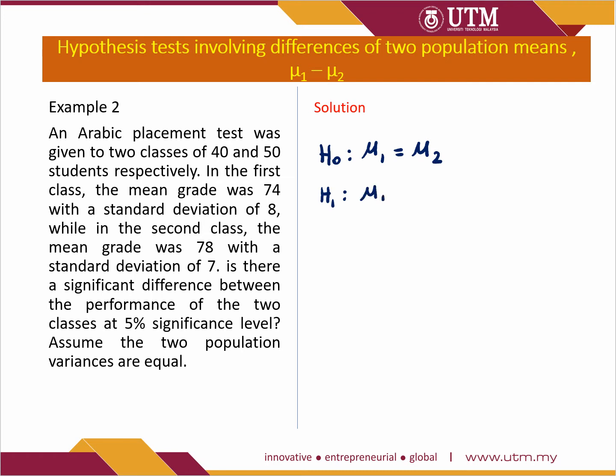So H1 is that the mean of the first class is not equal to the mean of the second class. This can be rewritten as mu1 minus mu2 equals 0, while the alternative hypothesis is not equal to 0. So our mu naught equals 0.